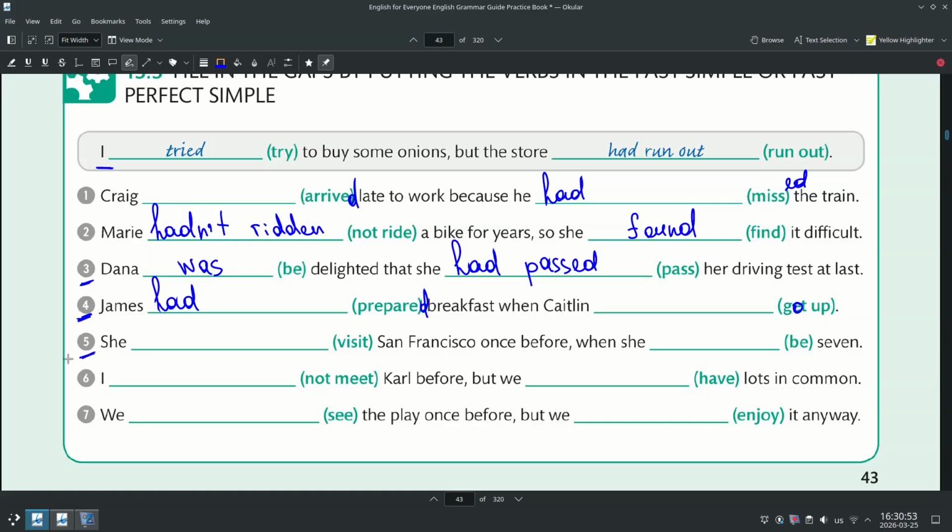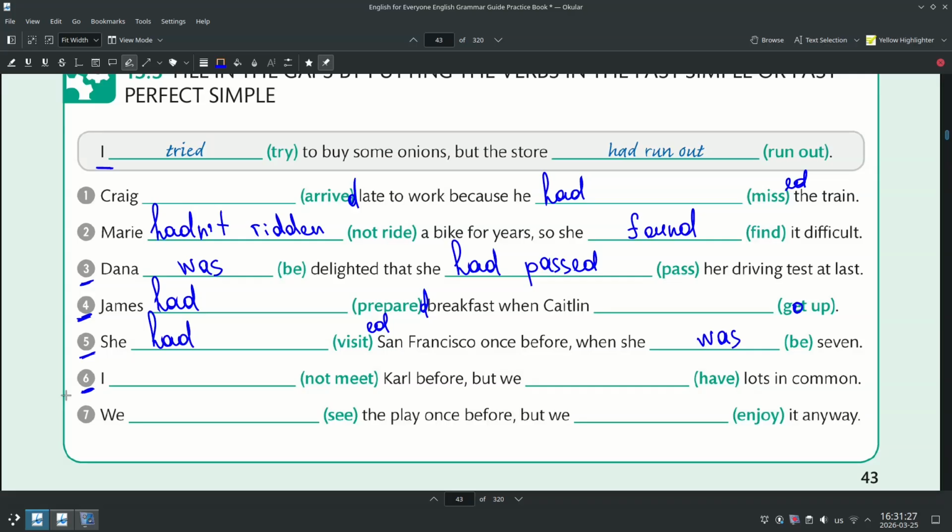Number 5. San Francisco once before when she 7. She had visited San Francisco once before when she was 7. Number 6. I not meet Carl before, but we have lots in common.